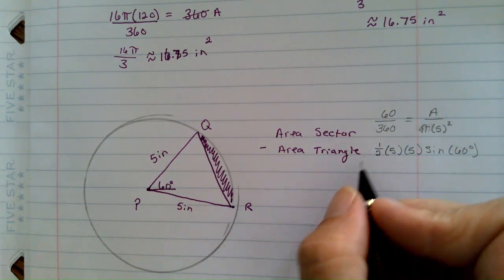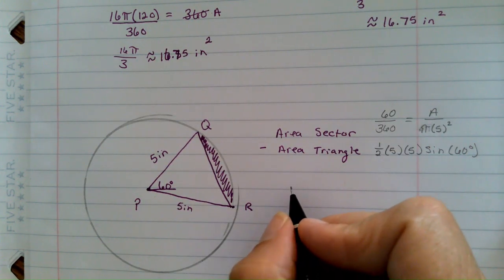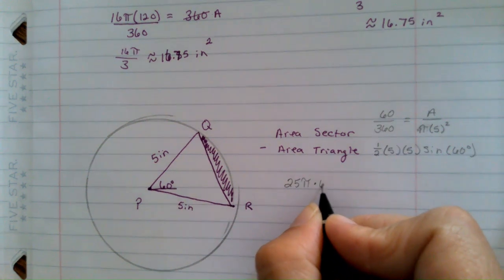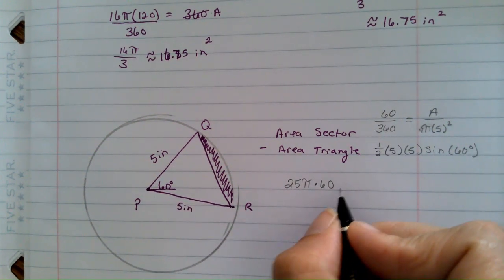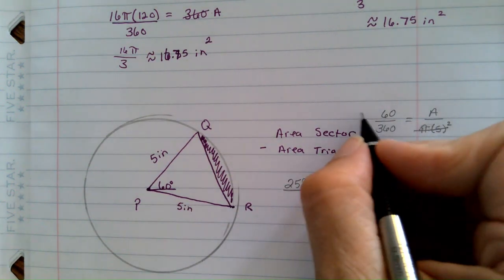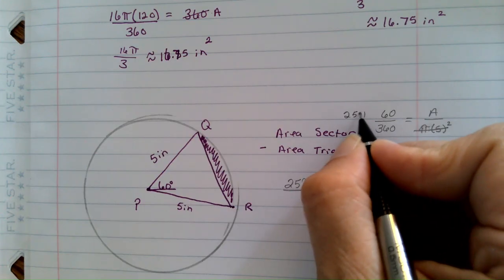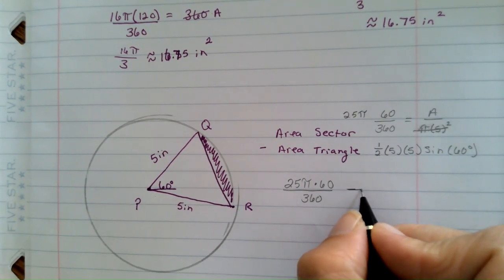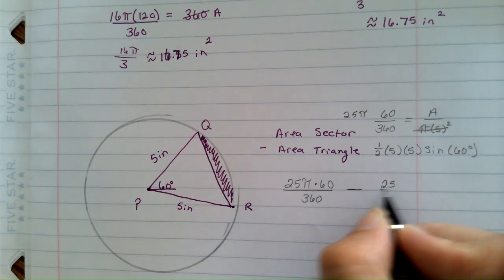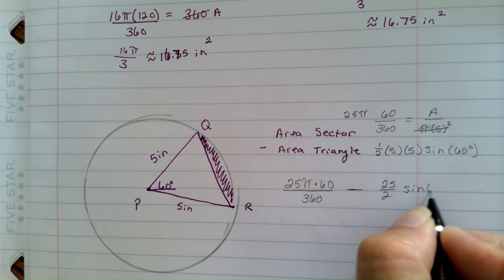So our big area, that's going to be 25 pi times 60 divided by 360, because when I multiply this to the other side. And then we'll have to subtract 25 halves sine of 60.